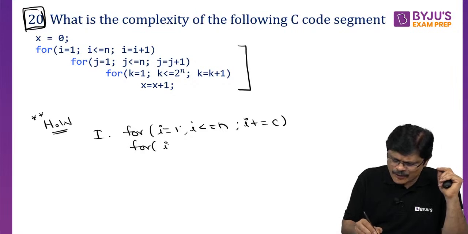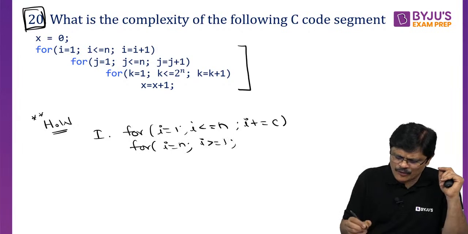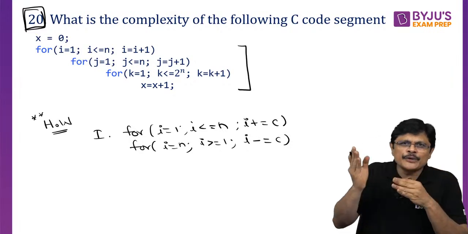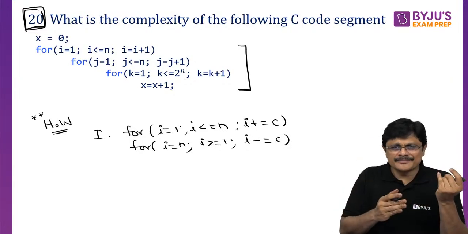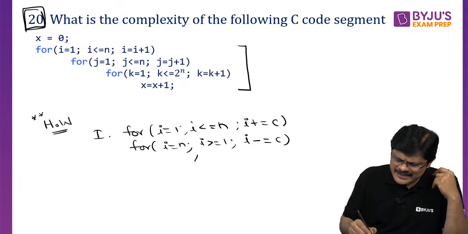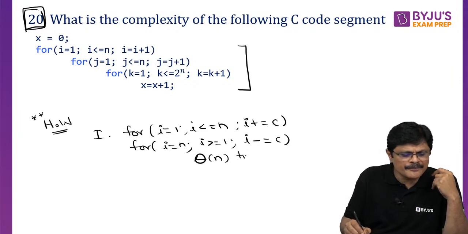For I is equal to n down to 1, I greater than or equal to 1, I minus is equal to c. So from 1 to n or n to 1 with incrementation of a constant will always give you theta n complexity. This is the first rule.